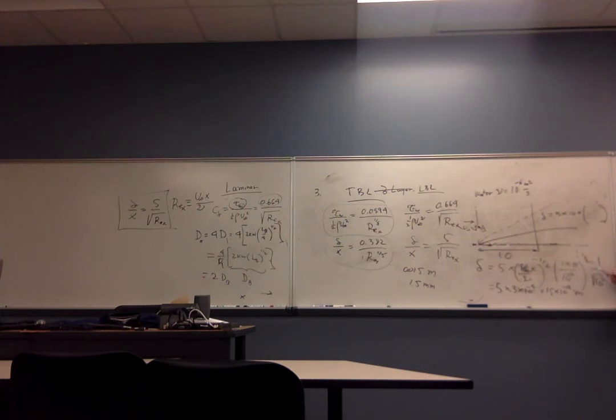Let me get rid of this, I'm trying to separate these two things. This is supposed to be that: 1 over the square root of 10 to the 7th, which is 3 times 10 to the minus 4.